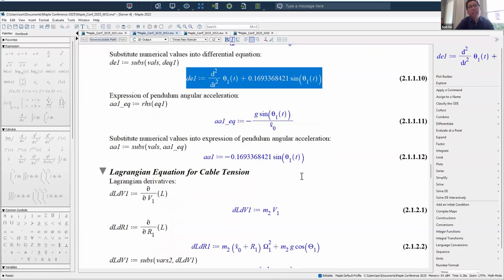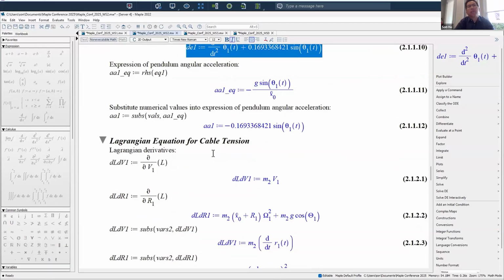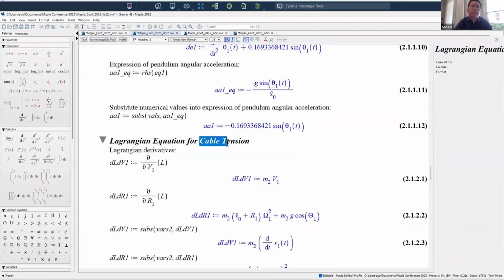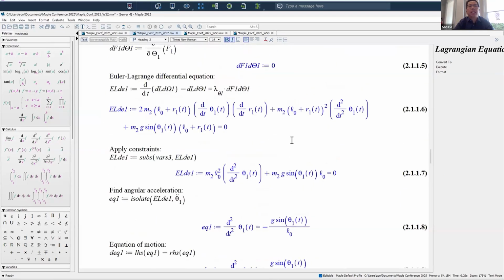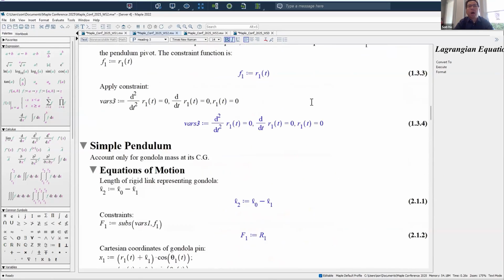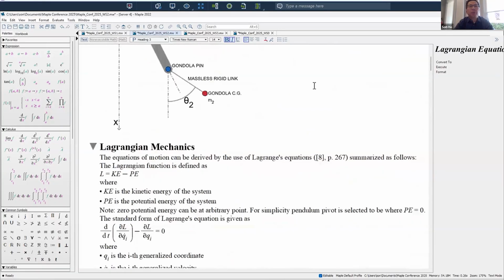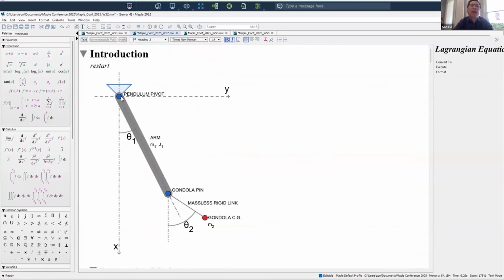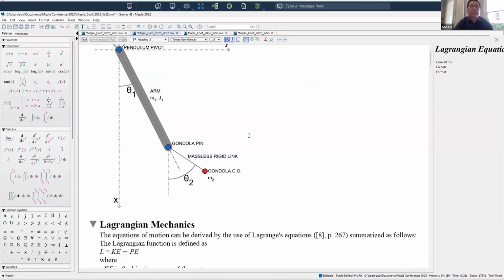The other interest here is to find the cable tension at the pivot point, or not cable, I mean, this is a remnant from something else, but the arm radial force at the pivot point. So this one is tricky, because in a purely Lagrangian approach, we don't have the reaction per se, because we don't go through the force like Newtonian. We just go through the generalized coordinates.